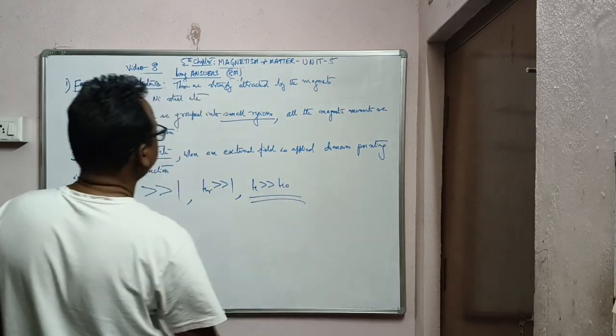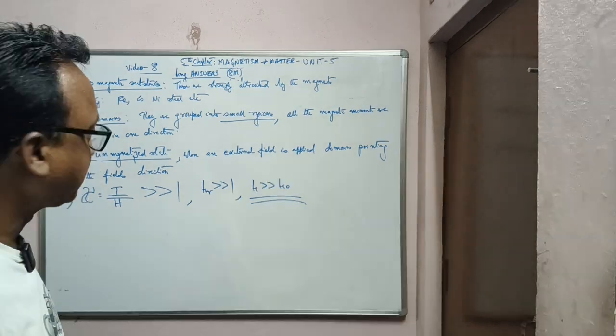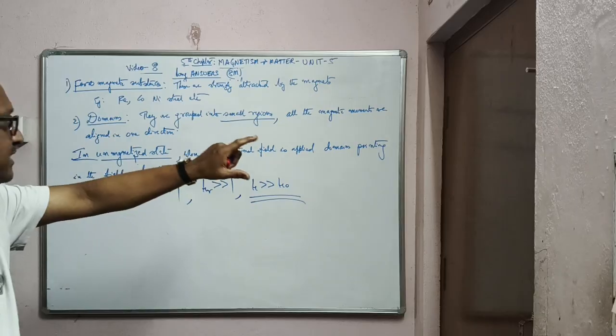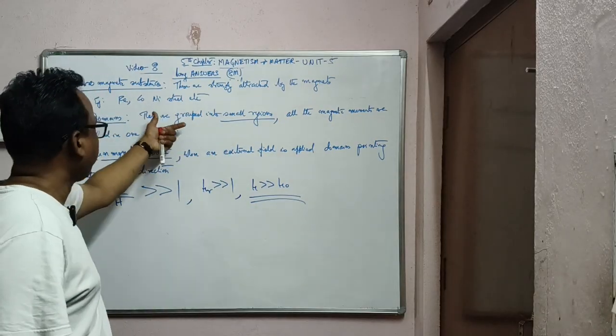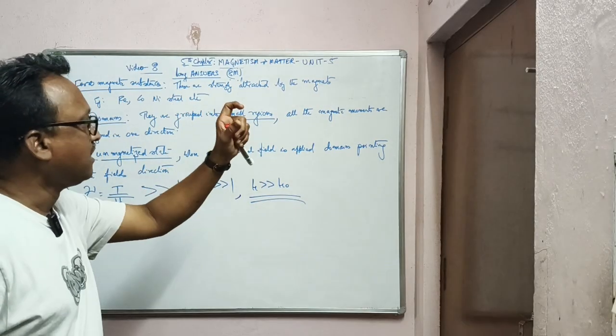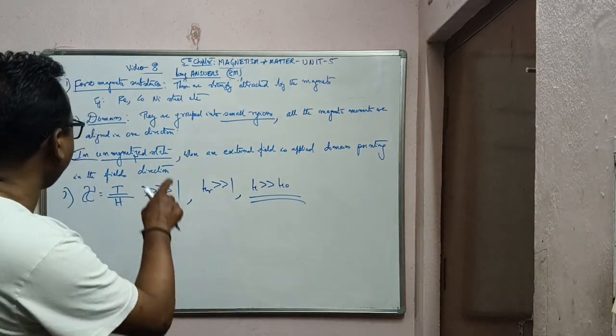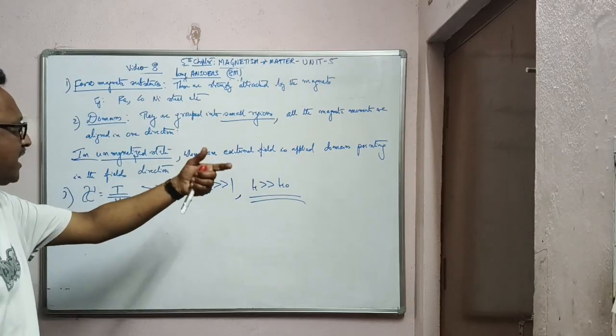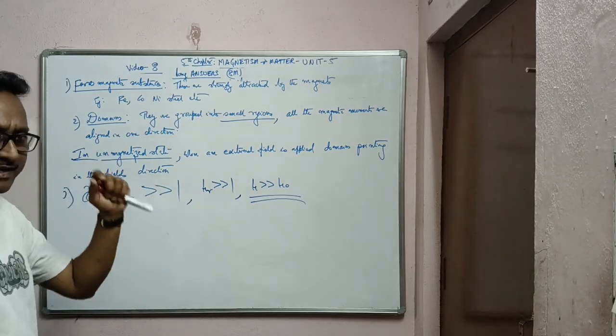So these are some important points regarding ferromagnetic substances. These are strongly attracted by the magnets: iron, cobalt, nickel, steel, etc. The domains are grouped into small regions, and all the magnetic moments are aligned in one direction. In the unmagnetized state, when an external field is applied, domains point in the field direction.